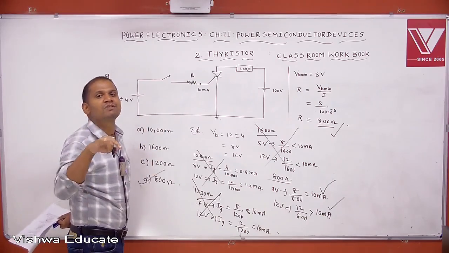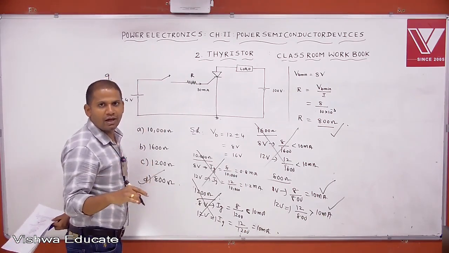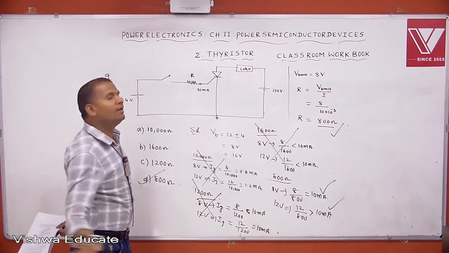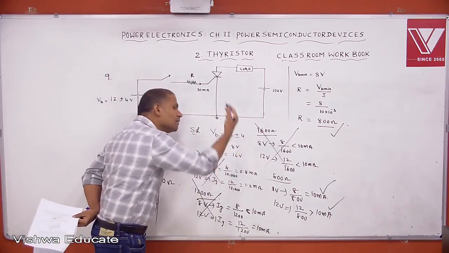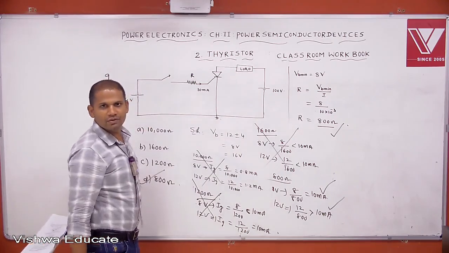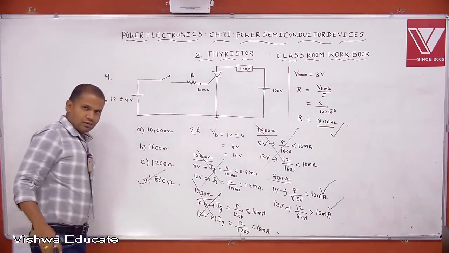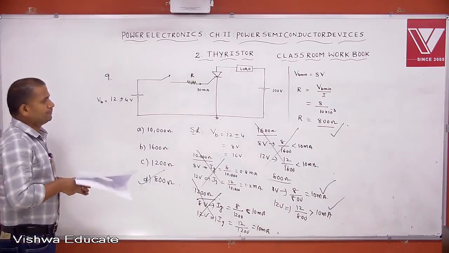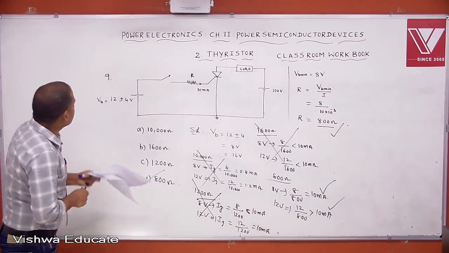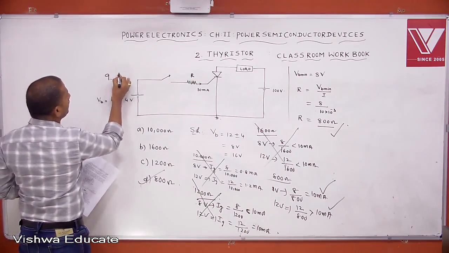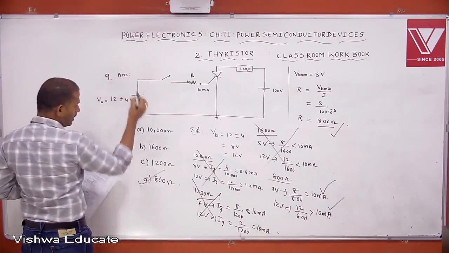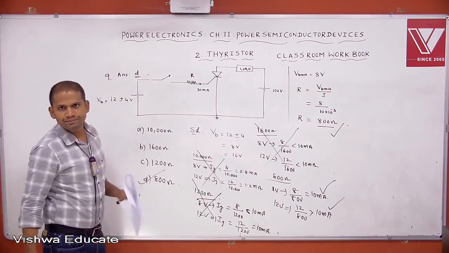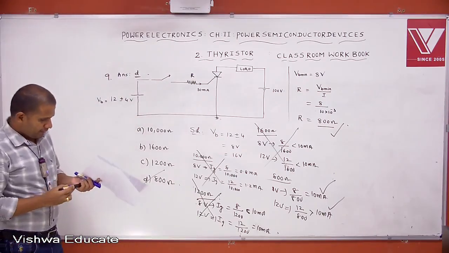That is the resistance that must be connected for reliable turn on. The remaining resistances will not give reliable turn on. Clear? Instead of checking all these, go for that. No doubt. Then what is the option for this one? The answer for the 9th question is option D. Number 10.